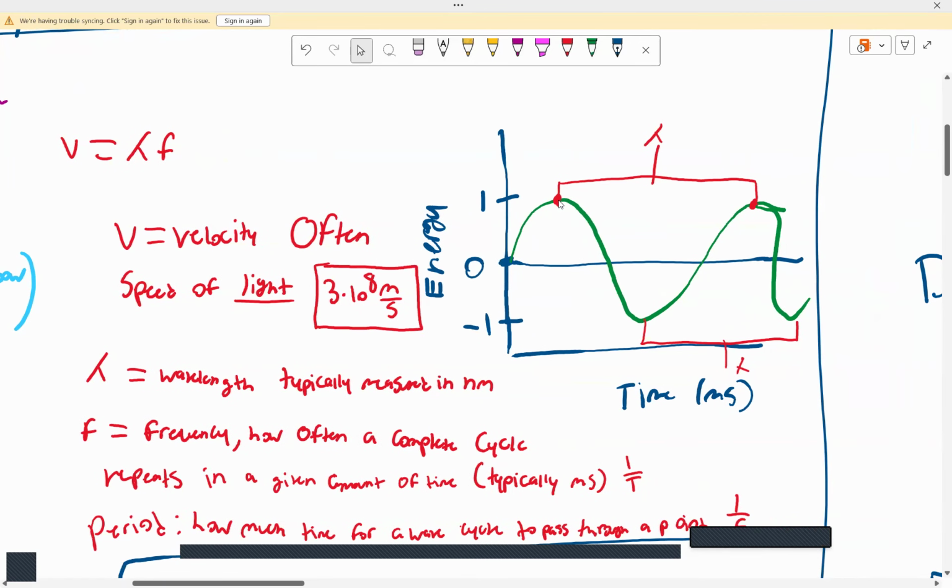The wavelength can be measured from apex to apex, or between two amplitudes, and it's typically measured in nanometers. 10 to the negative 9th is what a nanometer is. Here you can see I have my energy: -1, 0, and 1. And for wavelength, I have it between two of the peaks. It has to be between two of the peaks.